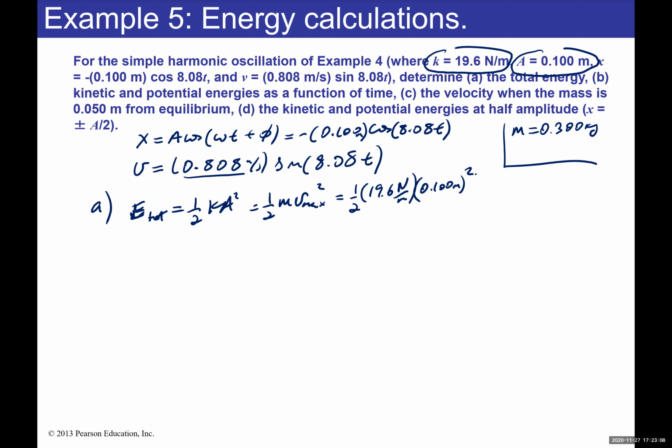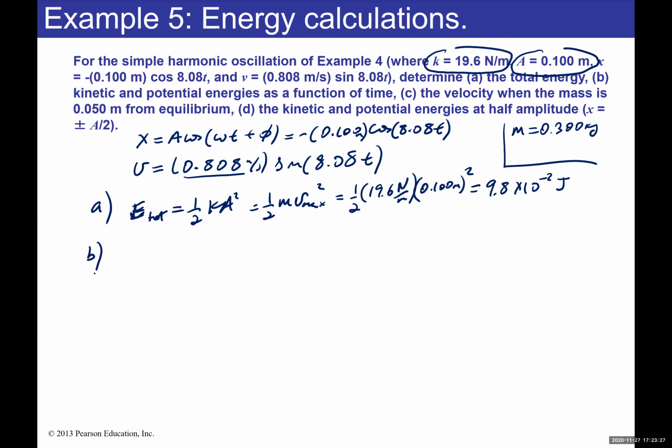Then I can calculate my total energy, and this will be 9.8 times 10 to the negative 2 joules. And again, I could have used 1/2 m v max squared, giving me the same thing.